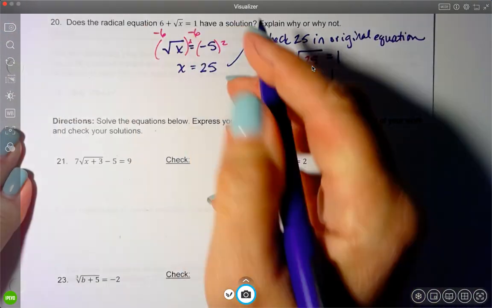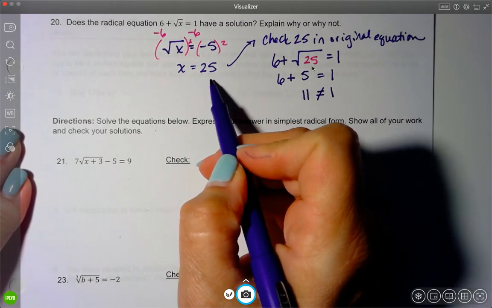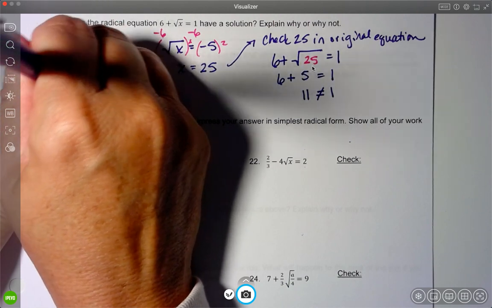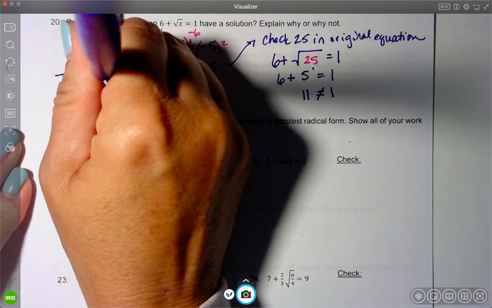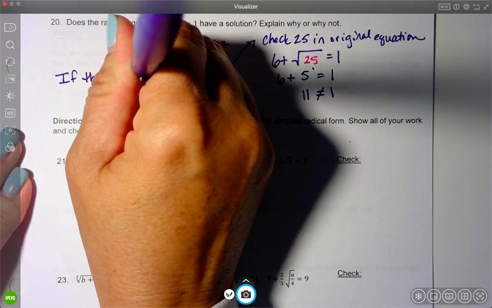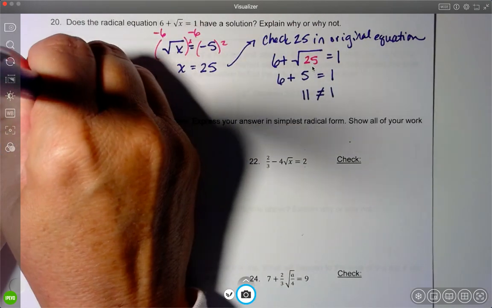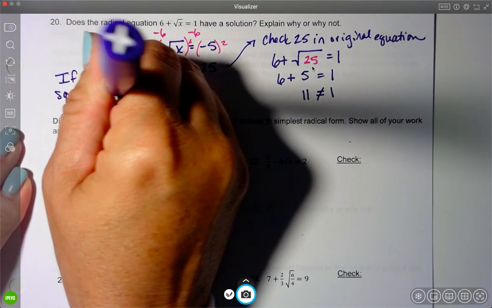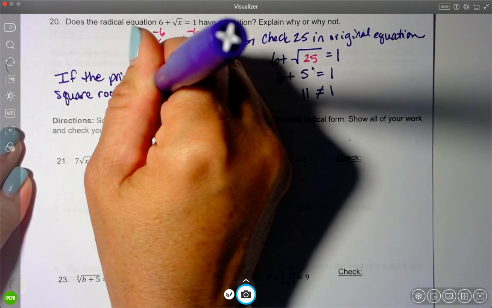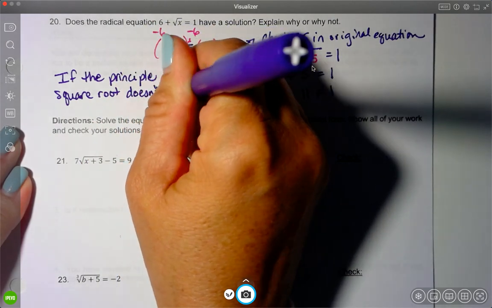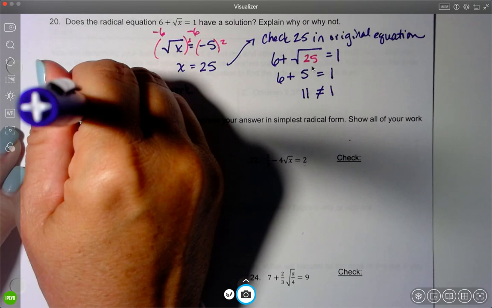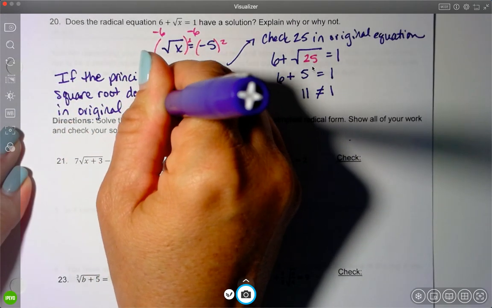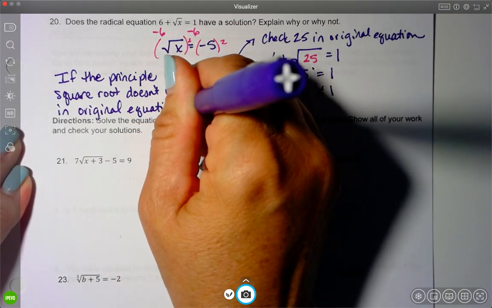Remember I told you that this is the principal square root? So if the principal square root doesn't work in the original equation, then the equation has no solution.